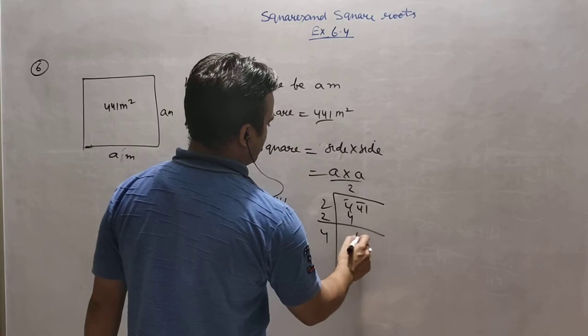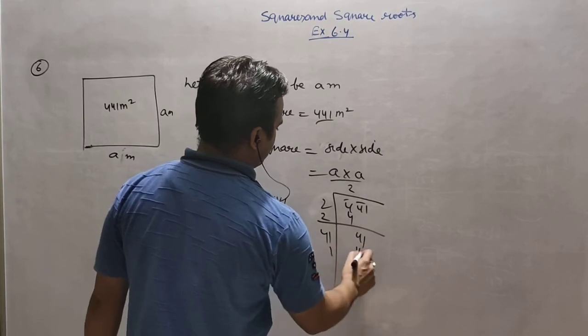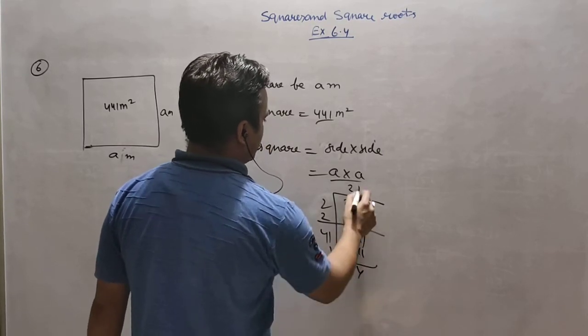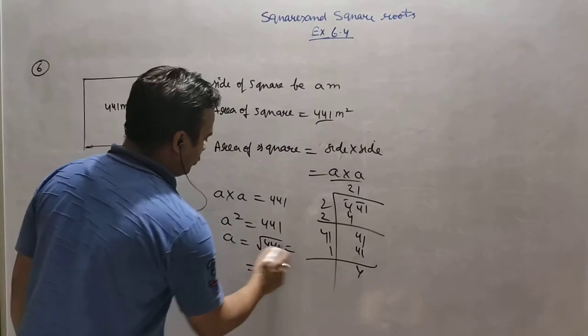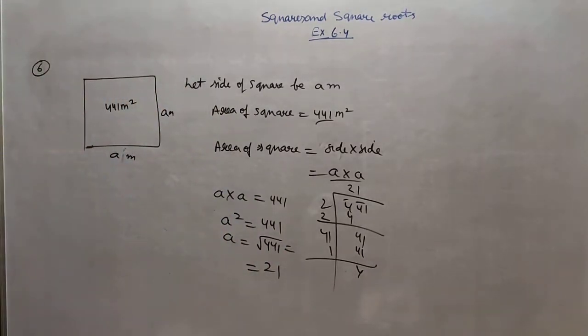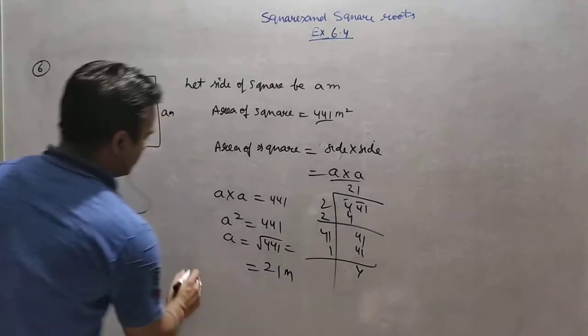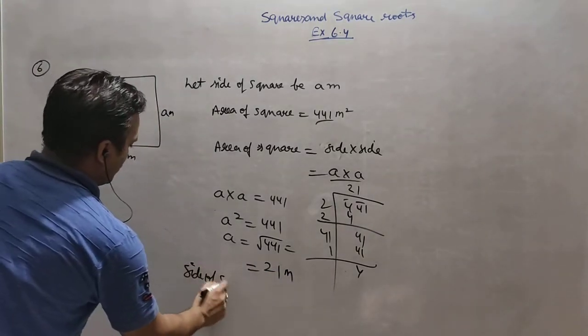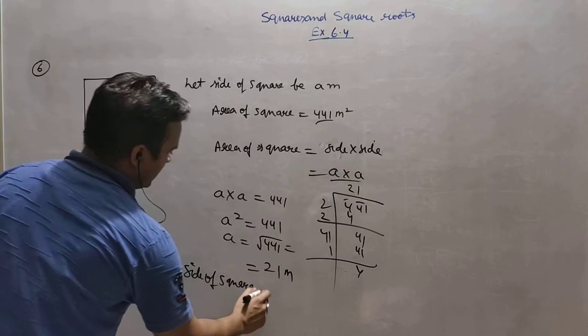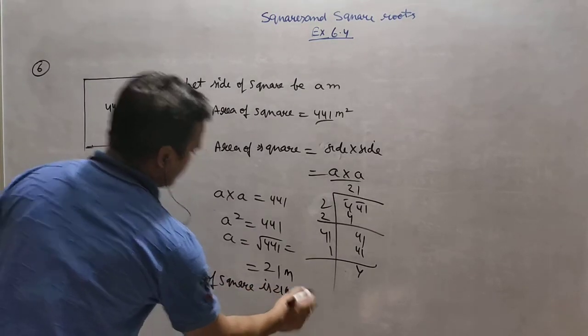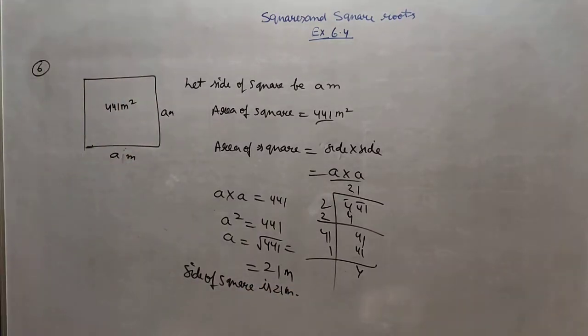So what is 21? And you already know the square root of 441 is 21. So the side of the square is 21 meter. So you can do like this.